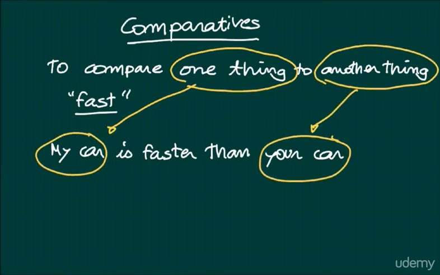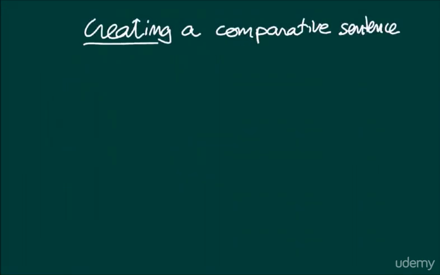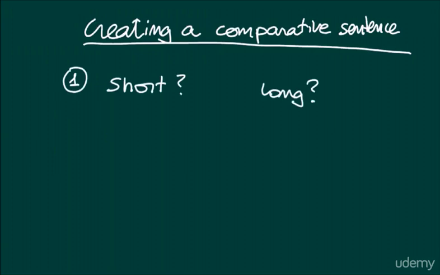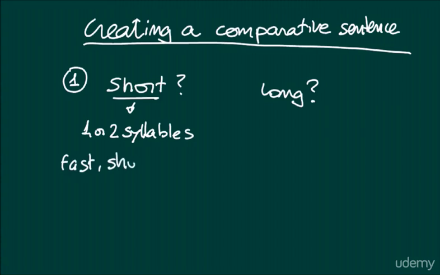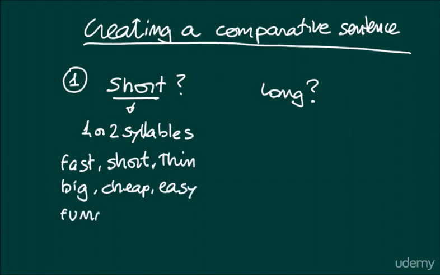To create a comparative sentence, we have to check first if the adjective is short or long. We consider short when it has one or two syllables, like fast, short, thin, big, cheap, easy, funny, or old.